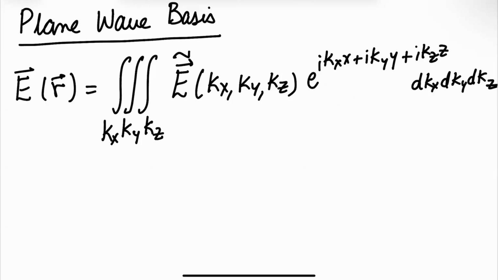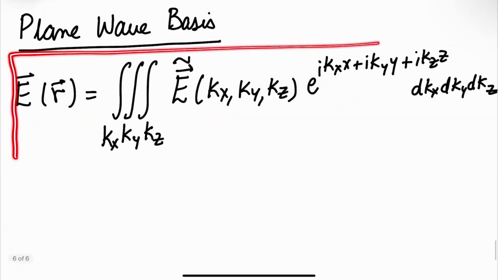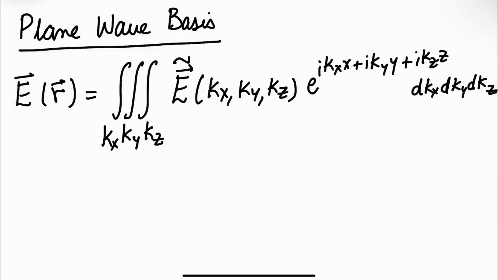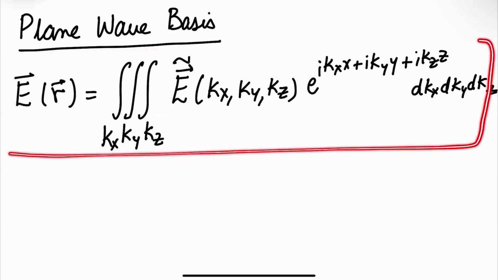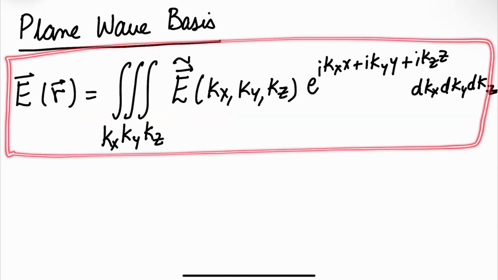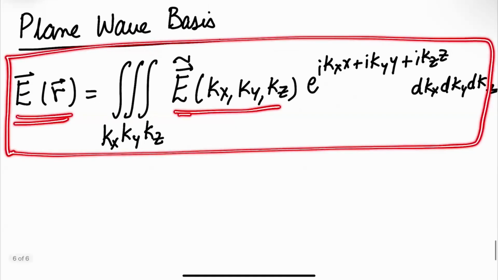This is a three-dimensional inverse Fourier transform, because we're going from k space to real space. If it was one-dimensional in time domain, this would be E of omega and this would be E of t. This is nothing but a mathematical relationship. We haven't done anything beyond that. I've only written down a relationship where I'm expanding E in terms of its Fourier transform.